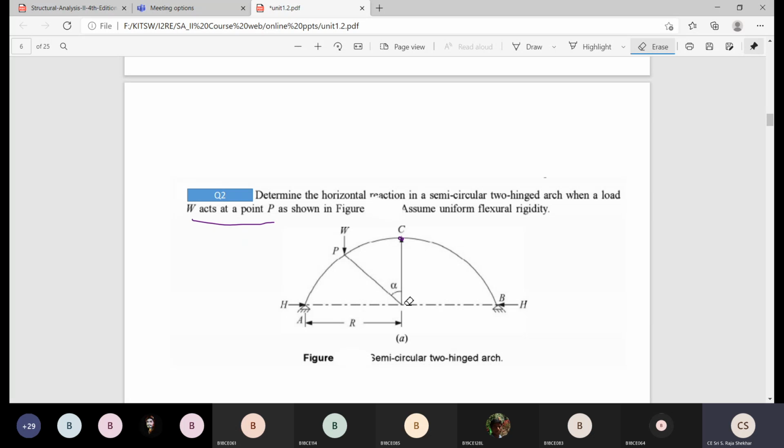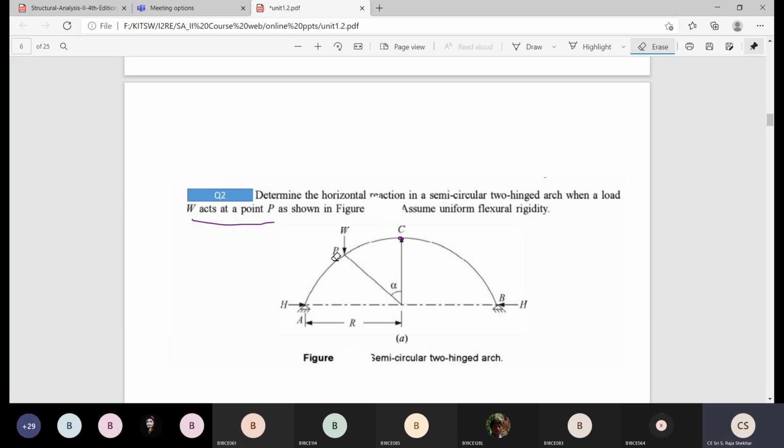Suppose another W load is acting on the right side segment, then the horizontal thrust will become 2H here and 2H here also.